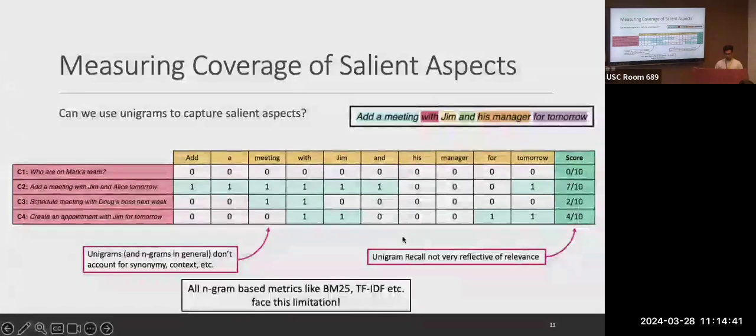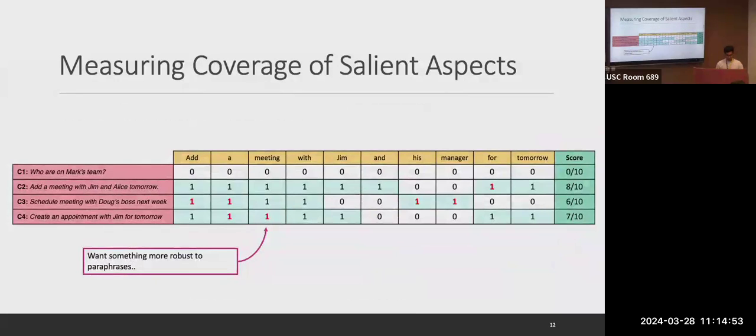As an aside, all n-gram-based metrics like BM25 I mentioned earlier, and any other TF-IDF metric, face this limitation. So what we want is something that is first of all capable of taking into account these paraphrases.